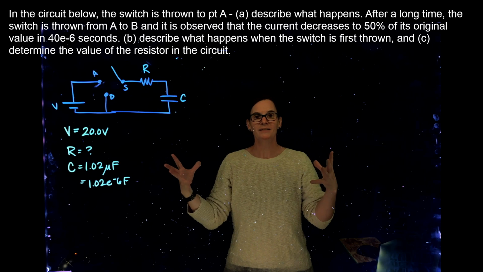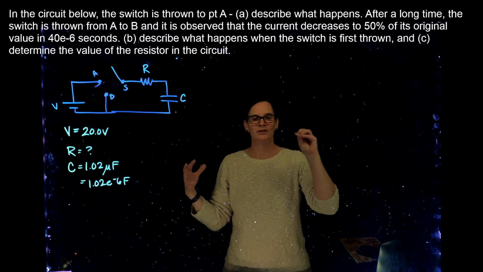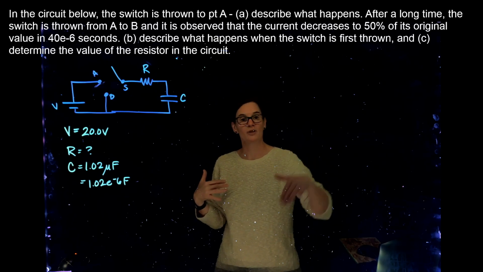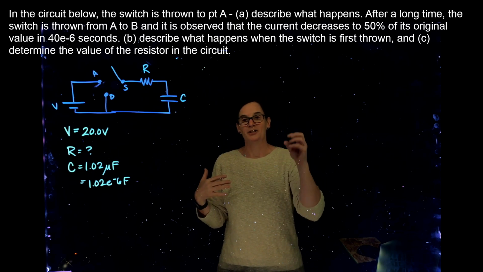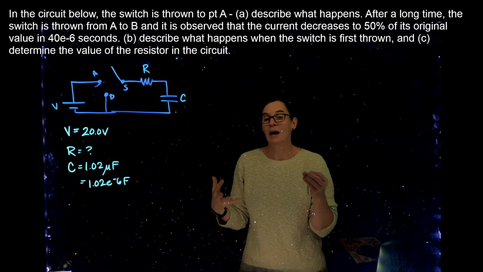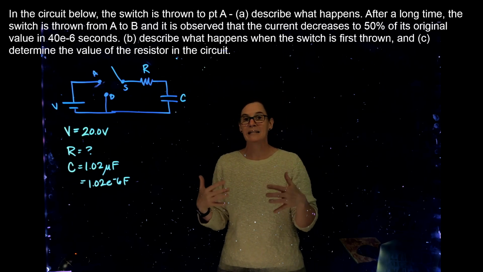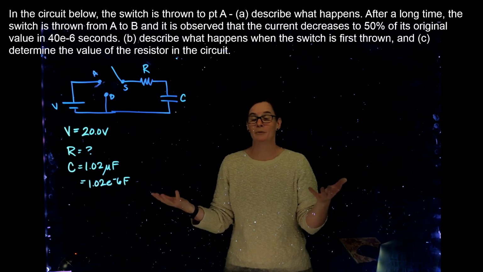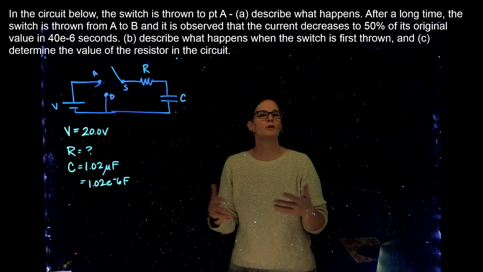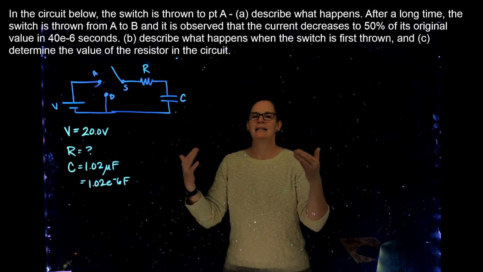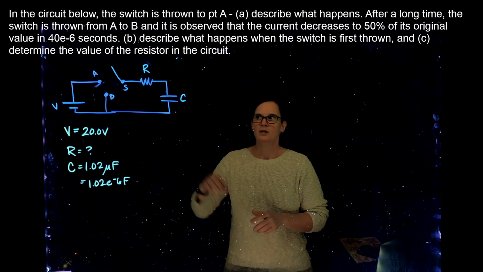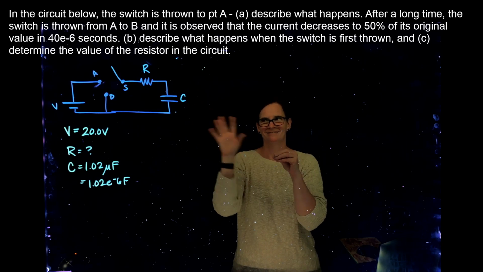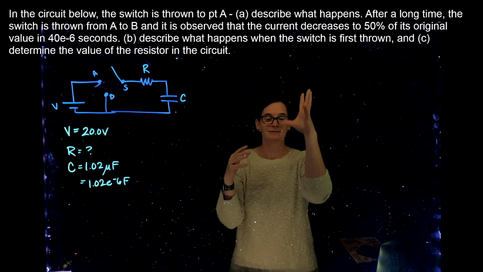The light turns on, and as that capacitor starts to lose its charge, because the potential difference across it is causing those charges to flow, the charges are decreasing on those plates, which means less and less potential difference across those plates, less and less voltage, less and less current, and the light dims to nothing.